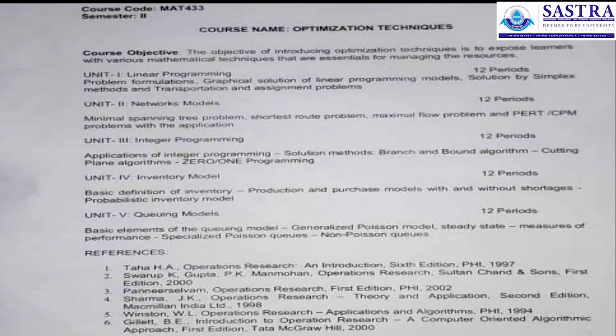Inventory model. You know what an inventory is? Physical stock of goods is called an inventory. There are 3 basic costs associated with an inventory control problem: holding cost, ordering cost, and one more cost, shortage cost, and other costs are also there.